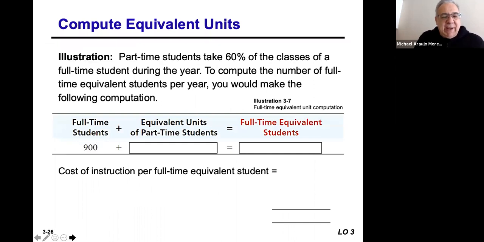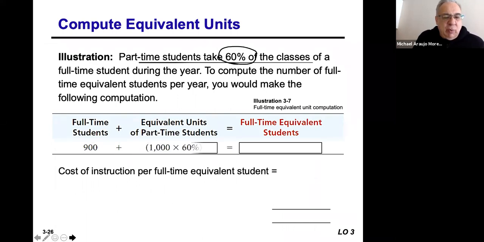So they had 900 full-time students. Part-time students take 60% of the course load of a full-time student. And so even though we have 1,000 part-time students, they are only taking 60% of a full-time load.